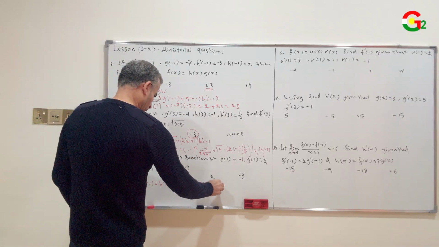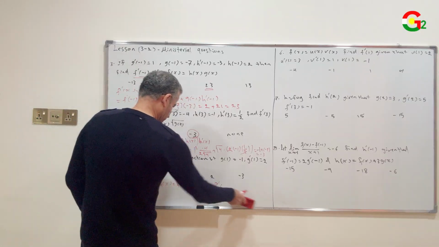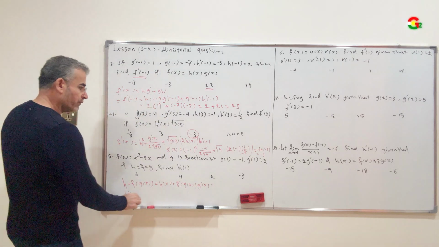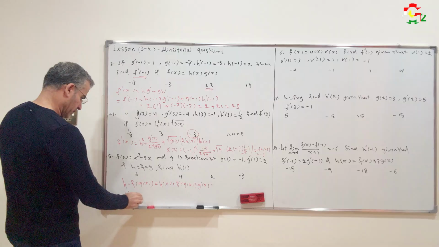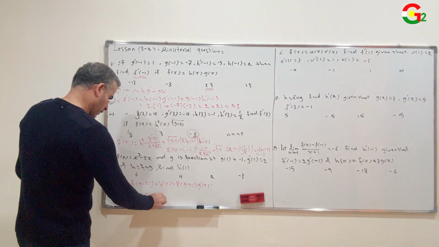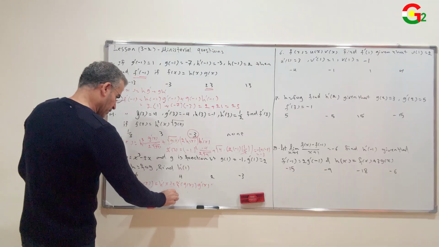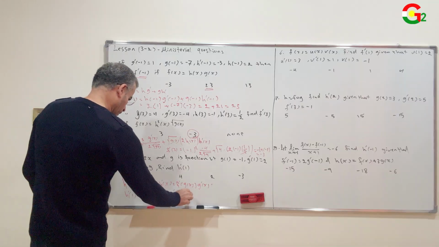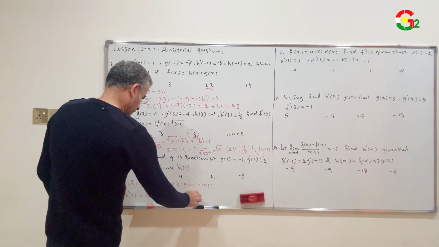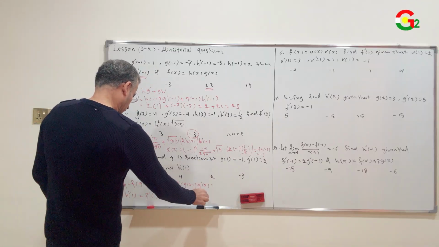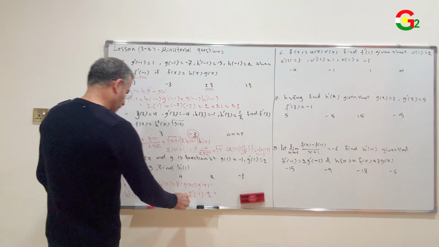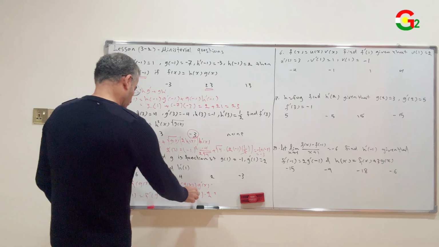So h prime of 1 equals f prime of g of 1 times g prime of 1, equals f prime of g of 1, which is -1, times g prime of 1, which is 2, equals f prime of -1.